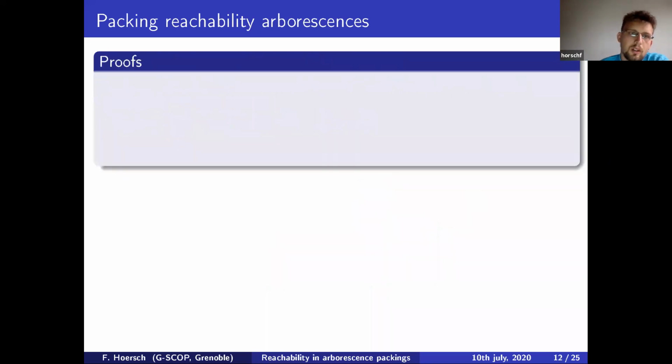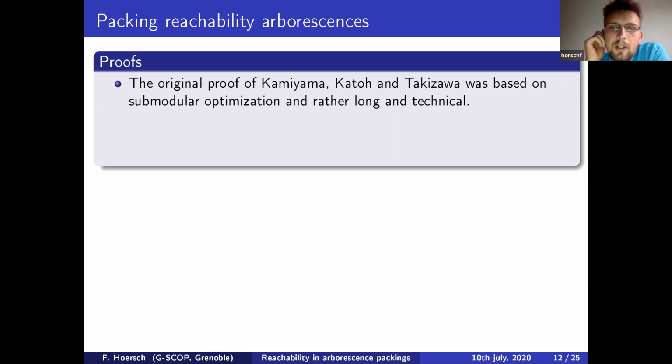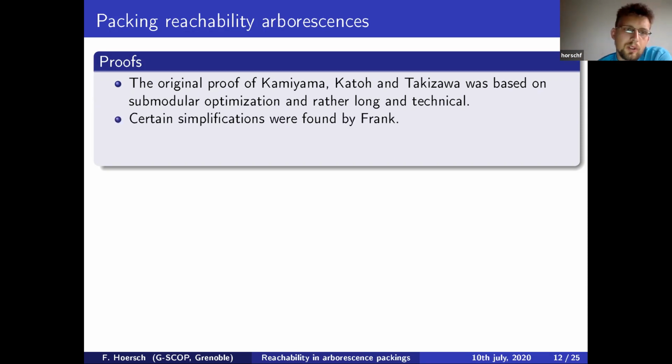Okay. So now I want to talk to you about how to prove this theorem. The original proof of Kamiyama, Kato, and Takizawa did some submodular arguments, and it is not quite easy. It is certainly a very good article, but it's somewhat more technical. A somewhat simpler proof can be found in the book of Frank, but it still uses a lot of submodular ideas.